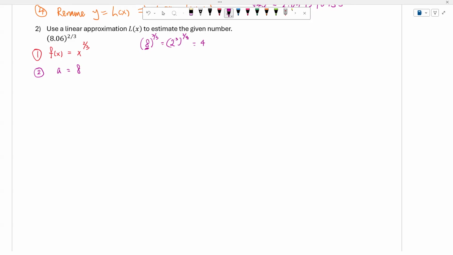Again, because when I work with the function, 8 raised to the power 2/3 without calculator, I could get a 4 right away. Then number 3, we would like to find the tangent line at x equal to 8 then.